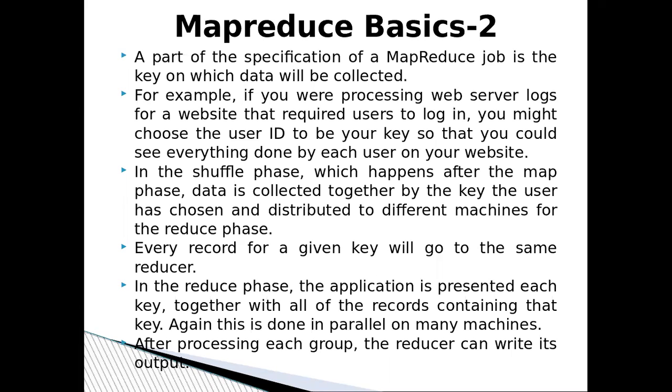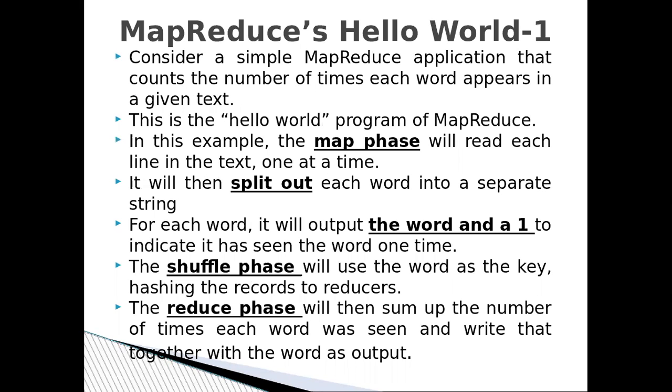Every record for a given key will go to the same reducer. The reducer is basically sorting things out, and because there are thousands of machines in a cluster, we can give every key for this operation to a reducer. But for demo purposes, we can just consider certain scenarios, which I'll show you in the next slide by taking one example.